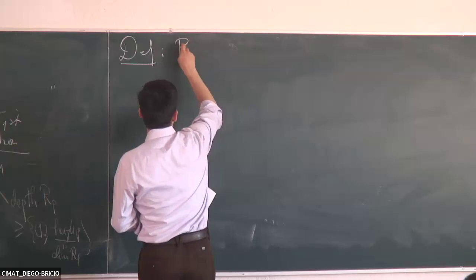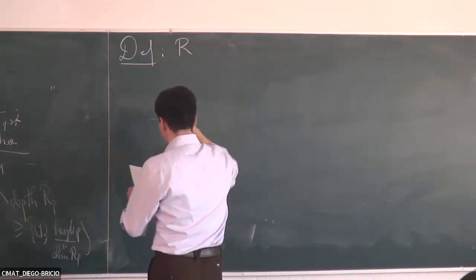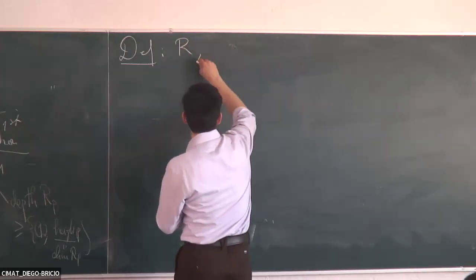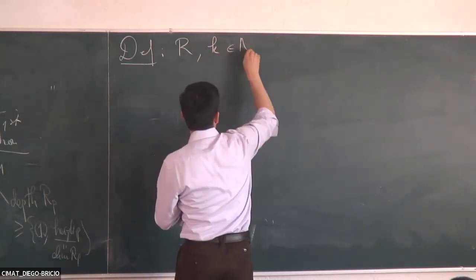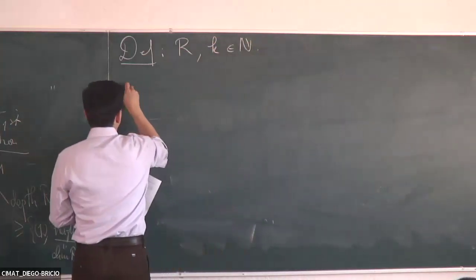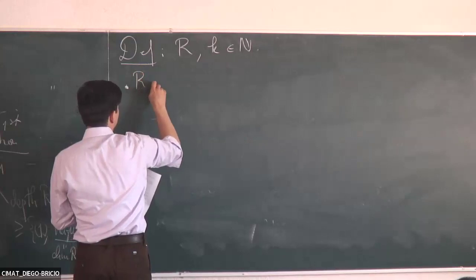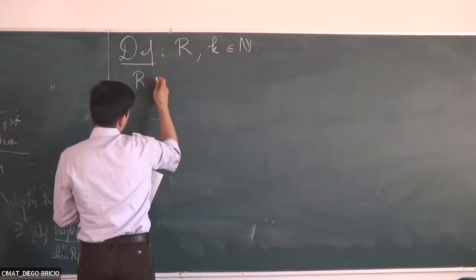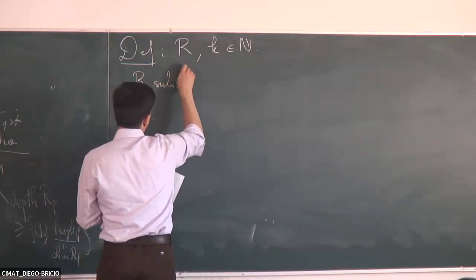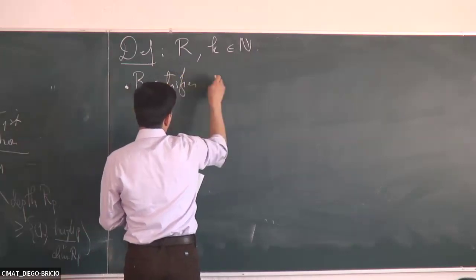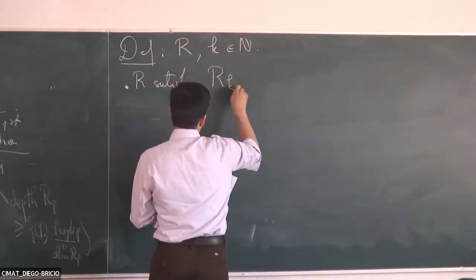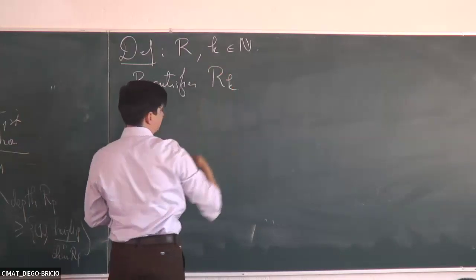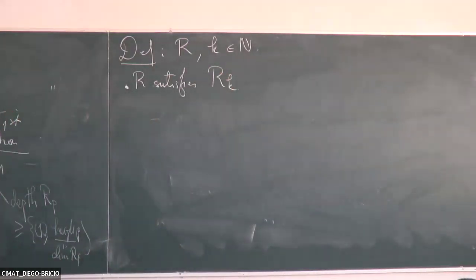So definition. Let's take a ring R, and let's take K to be some integer. So the first definition is the following: R satisfies the condition Rk. Usually this is a bold face R, but I cannot do that here.